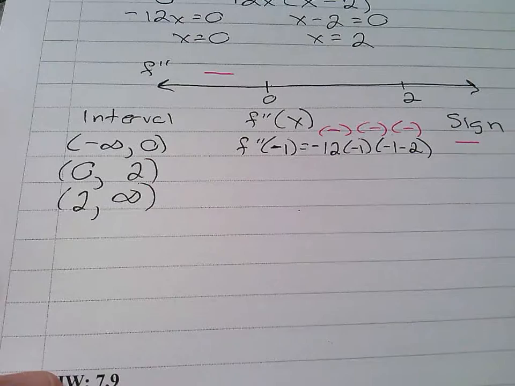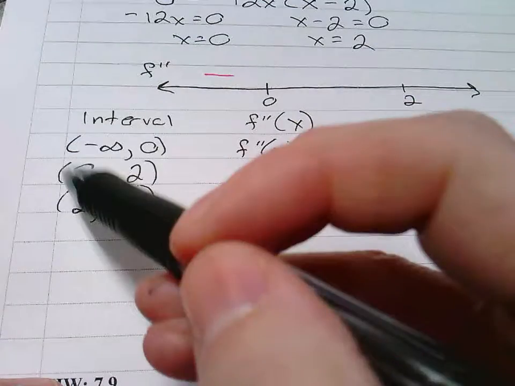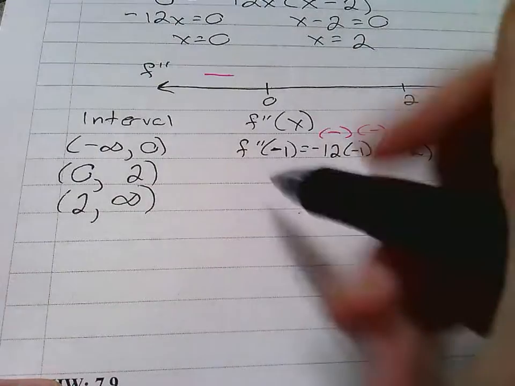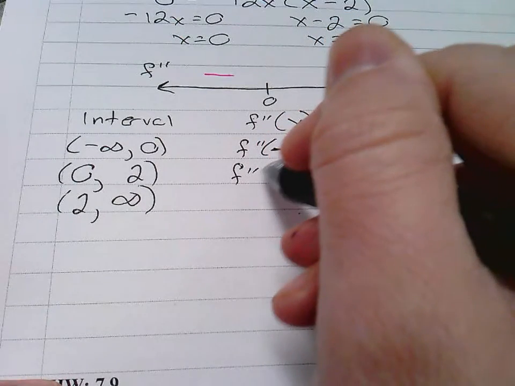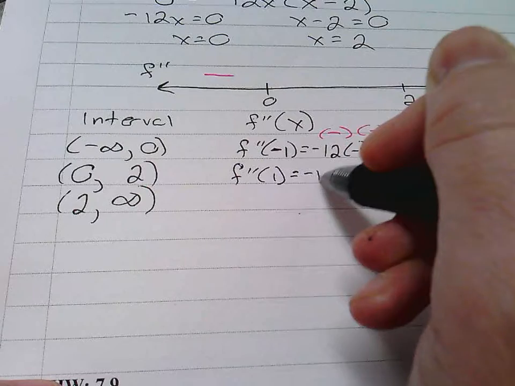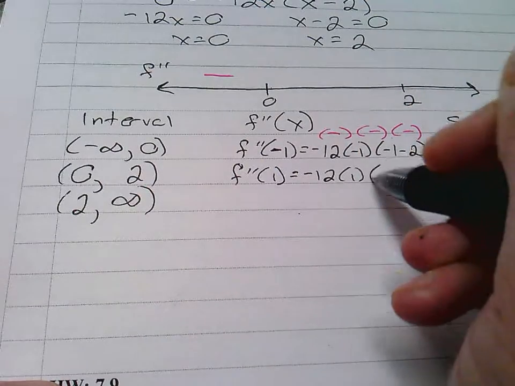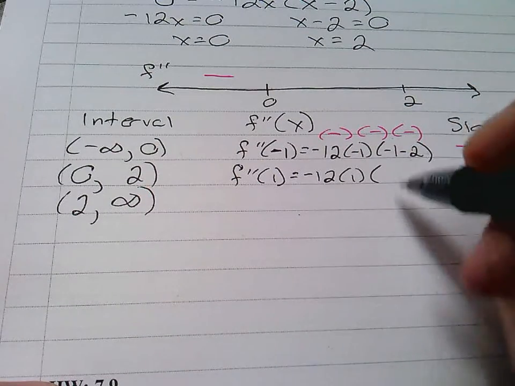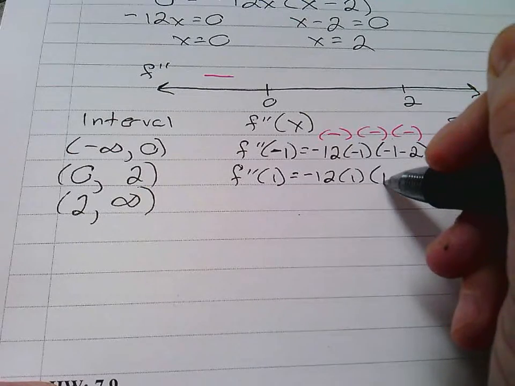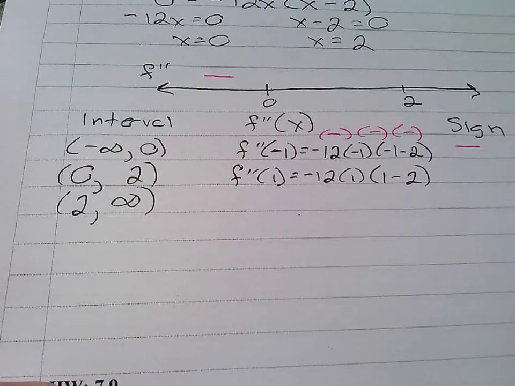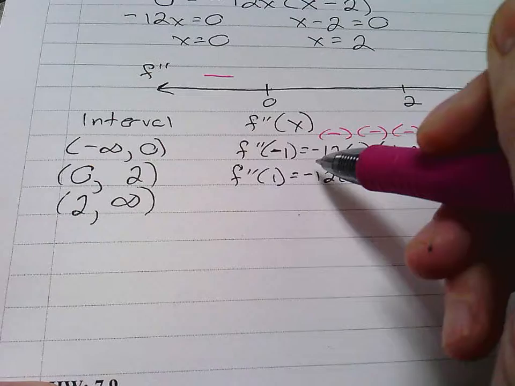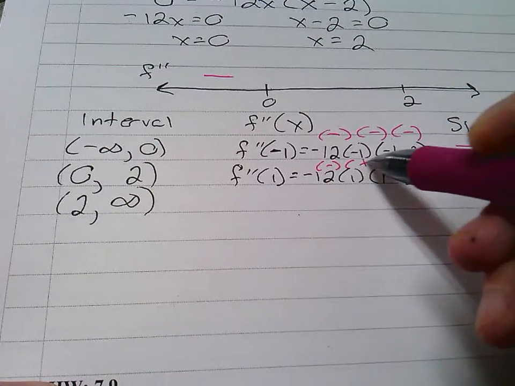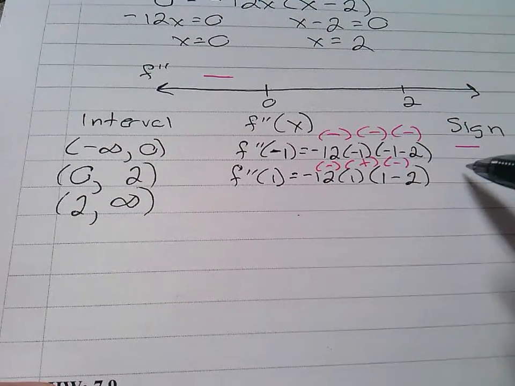A number between 0 and 2: f double prime of 1, which is going to be negative 12 times 1 times 1 minus 2. So that's a negative, positive, negative, which is a positive.